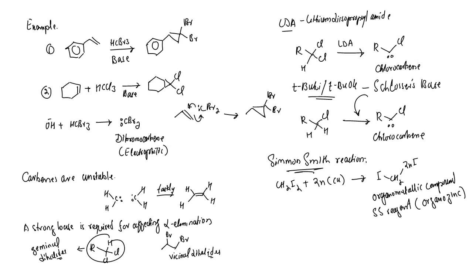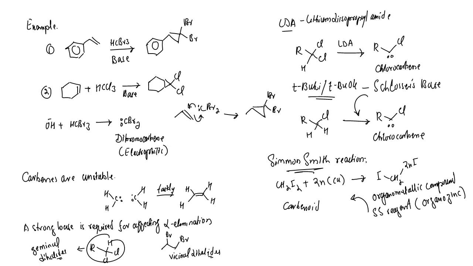So here in this reaction we get a species like Simmon-Smith reagent, which is known as a carbenoid, because it has the capacity to generate a carbene-like species.